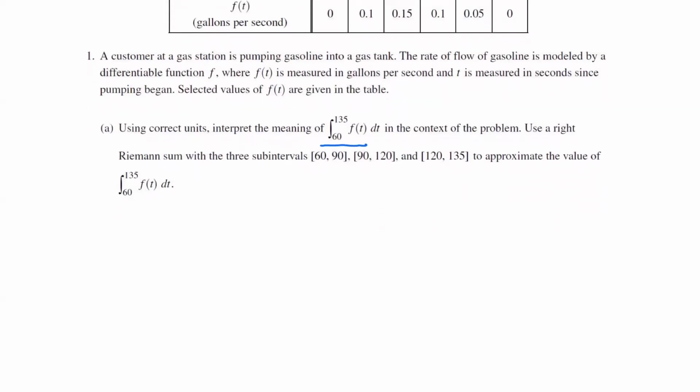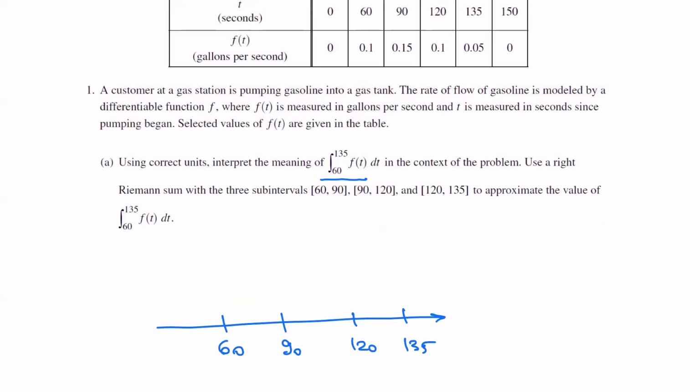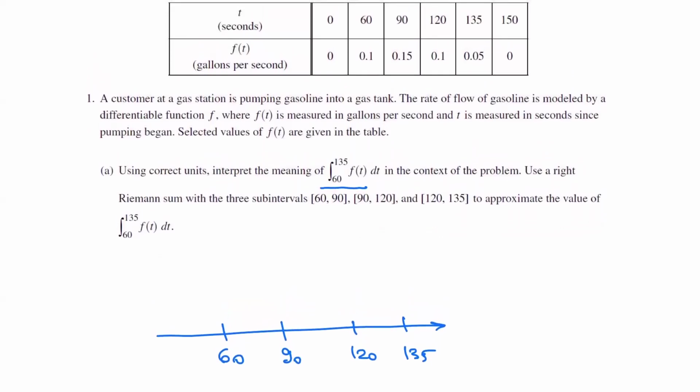And so let's draw this here. We have 60 seconds, 90 seconds, 120 seconds, and 135 seconds. Looking at the table above, the rate of flow of gasoline at 60 seconds is 0.1.